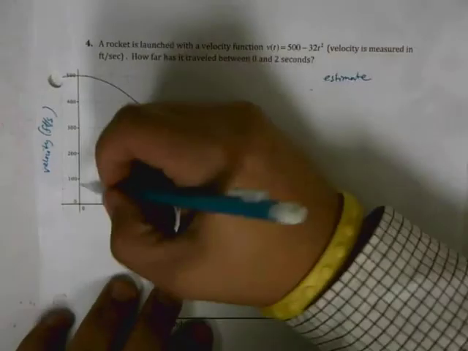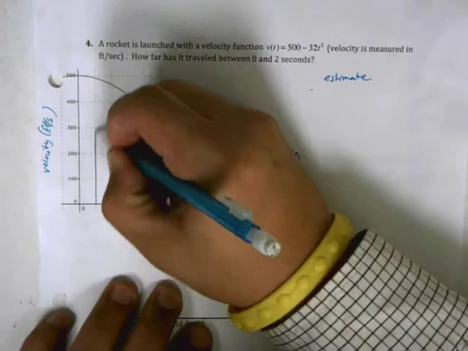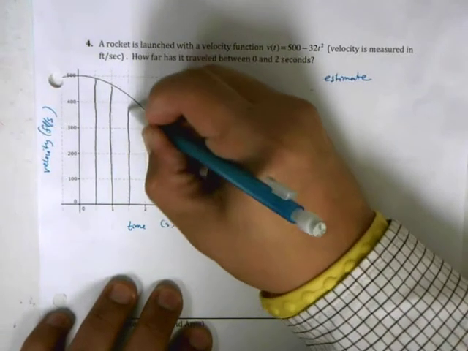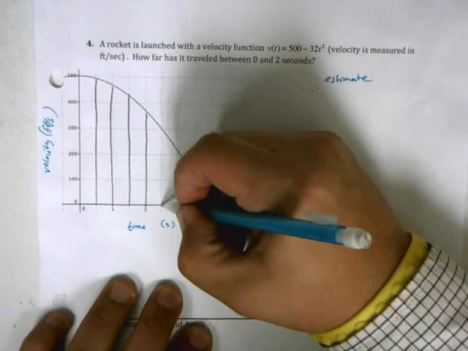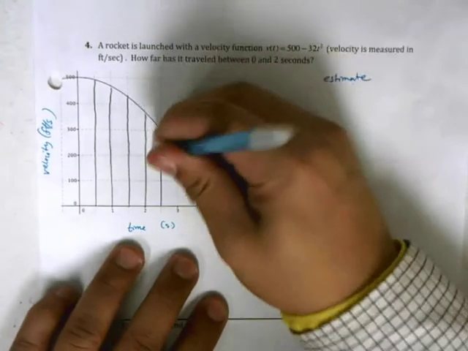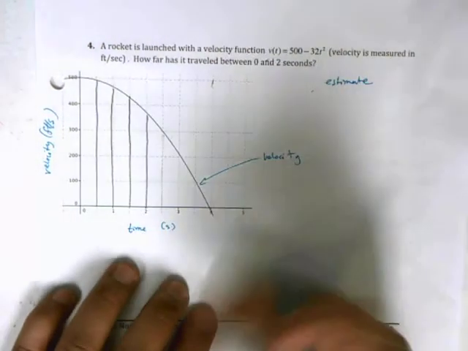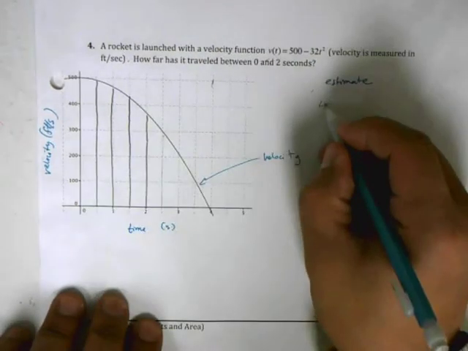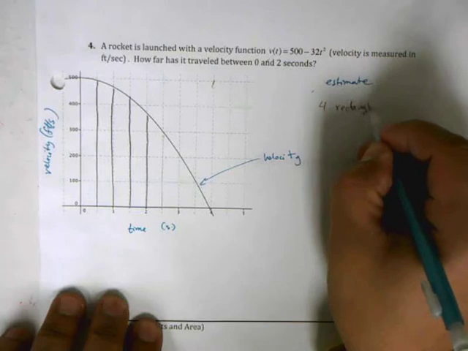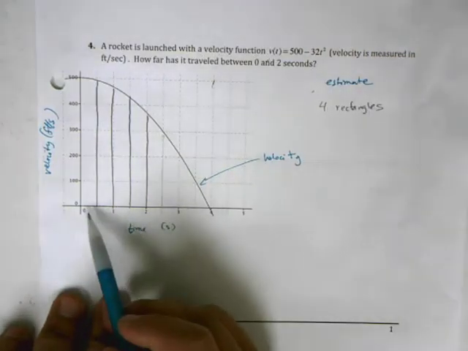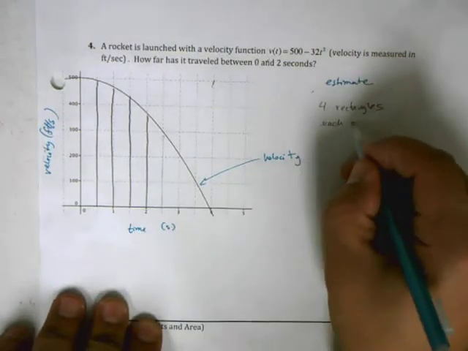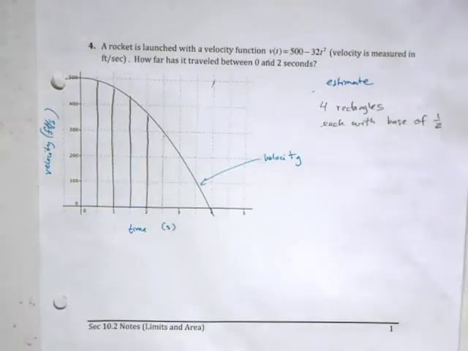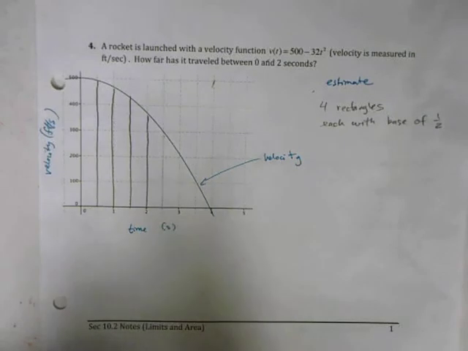Okay, but I'm going to do this by just busting this thing up into a bunch of rectangles. I'm actually going to stop at 2 because it's only asking me to go between 0 and 2. So I have 1, 2, 3, 4 rectangles, each with a base of 1/2.